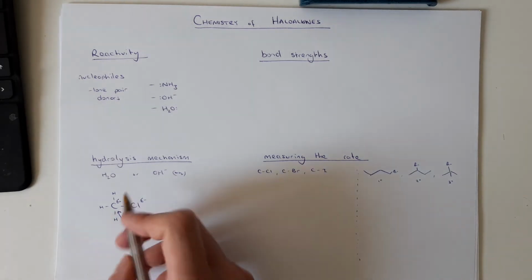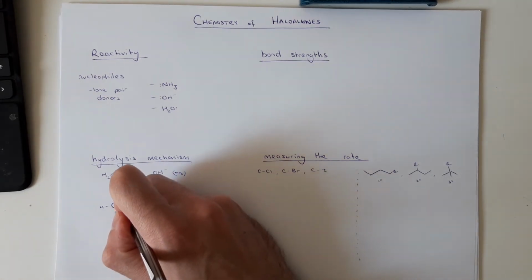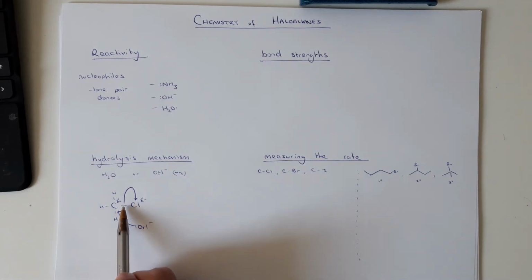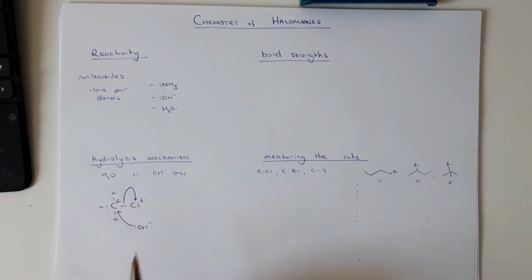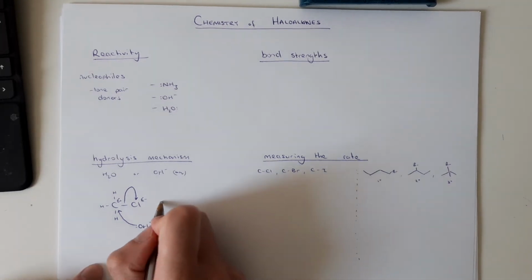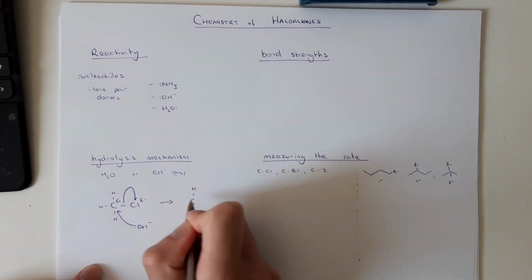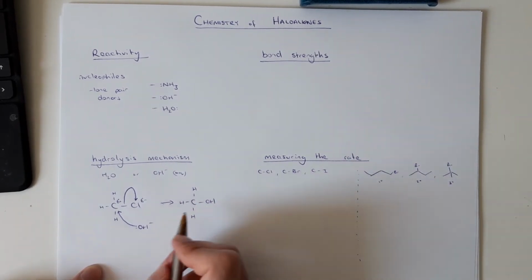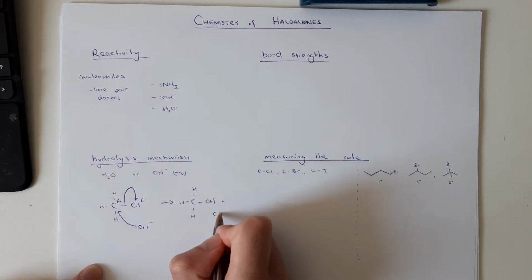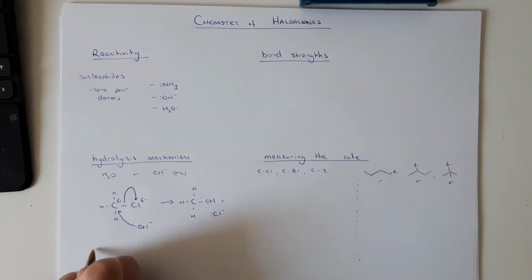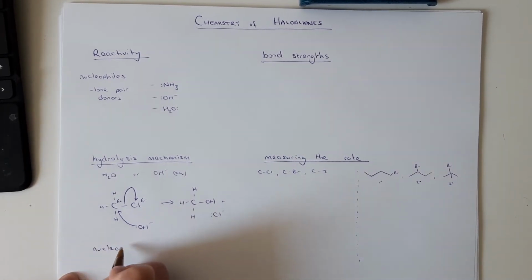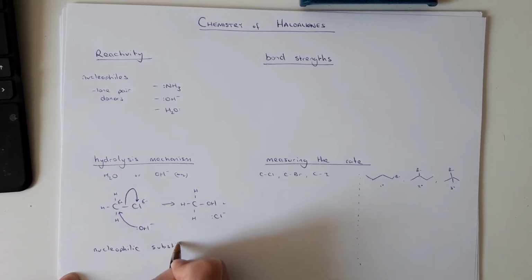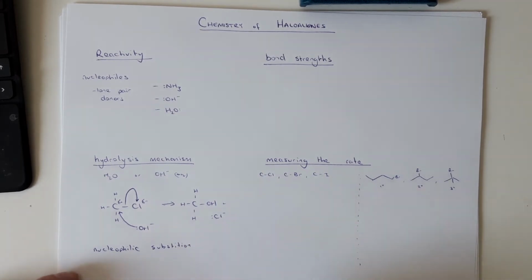Curly arrow from the lone pair, and that also means we get a break in this bond, and the two electrons in this covalent bond both go to the chlorine. That creates our alcohol plus Cl minus, and this is nucleophilic because I'm using a nucleophile, substitution because I've substituted the OH for the Cl.